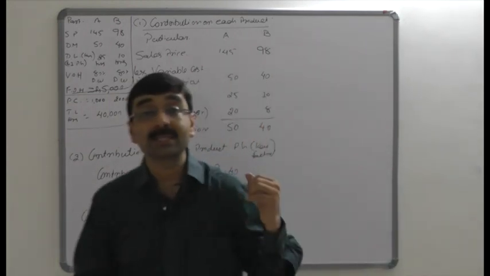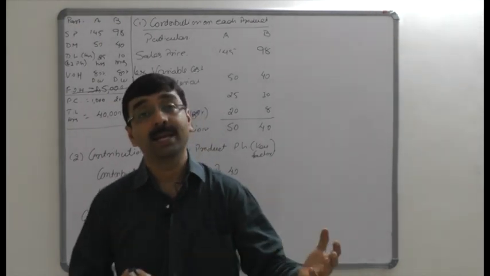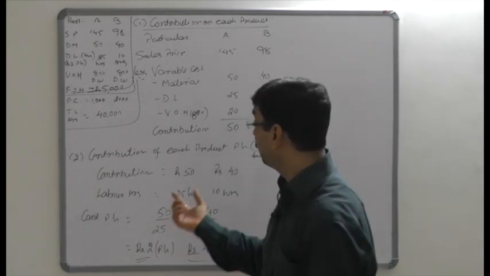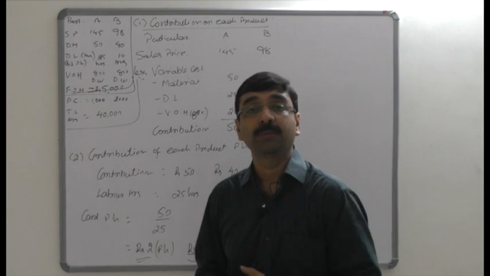On the basis of the second working only, the company will identify where it can manufacture more production, and which particular product would give a higher amount of profitability.